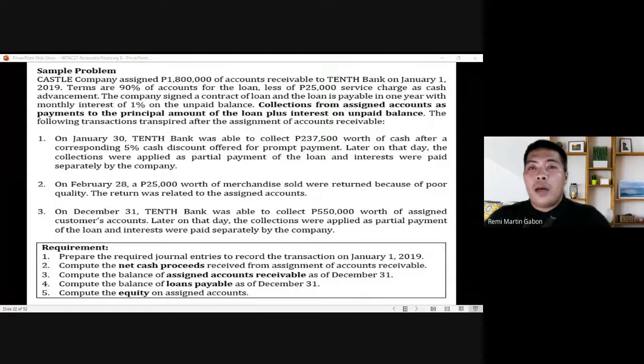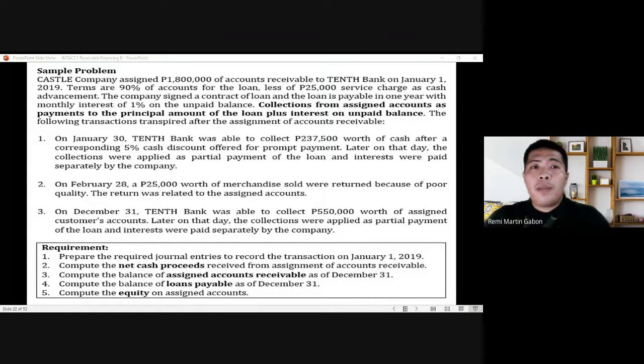from the customers. Therefore, if we go back to the concept of notification basis, the distinguishing feature is that the customers pay their accounts directly to the bank, no longer to the company.